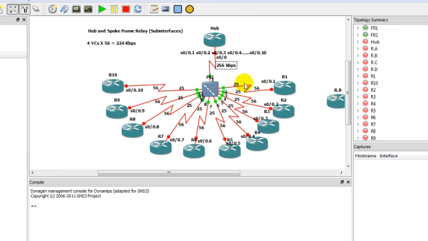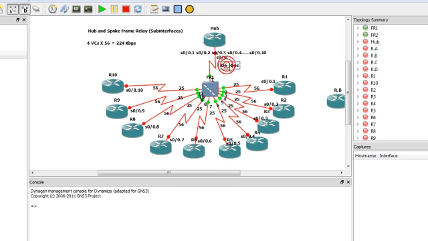So if I use the whole 56, or the whole bandwidth, for each serial interface here, the bandwidth of the access line will not be adequate. It will not be enough for the 10 routers here. So what is the solution here in EIGRP over frame relay?